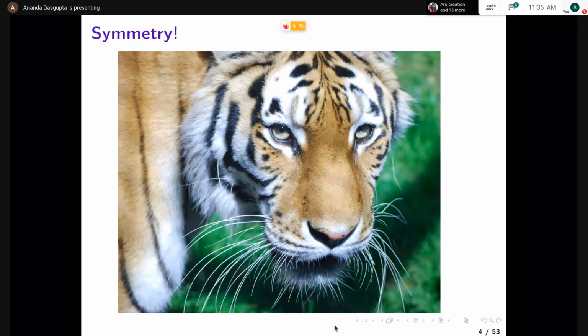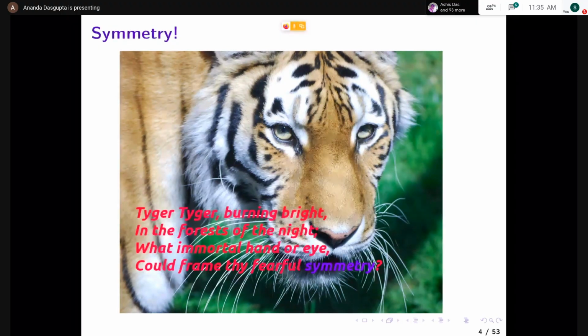And I'm not sure whether this was the case, but maybe this was the reason why one of the most famous poetic uses of symmetry has involved the tiger. William Blake wrote in his poem, "Tiger, tiger, burning bright in the forests of the night, what immortal hand or eye could frame thy fearful symmetry?" Of course, fearful, that's understandable. This is a tiger after all.